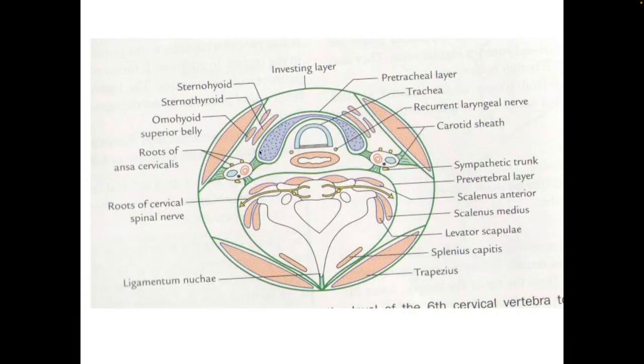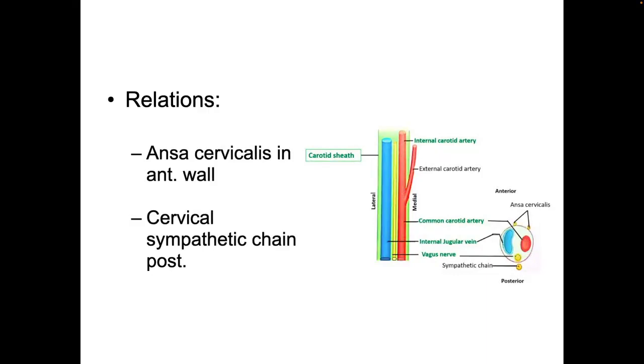And this is the pretracheal layer which is forming the anterior sheath, and the prevertebral layer which is forming the posterior sheath. This is the carotid sheath, how it is enclosing the carotid artery, common carotid and the internal carotid, internal jugular vein and the vagus. Ansa cervicalis lying in the anterior wall and sympathetic chain lying posteriorly. This is about the carotid sheath.